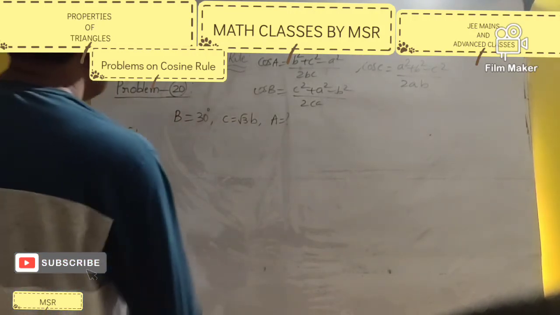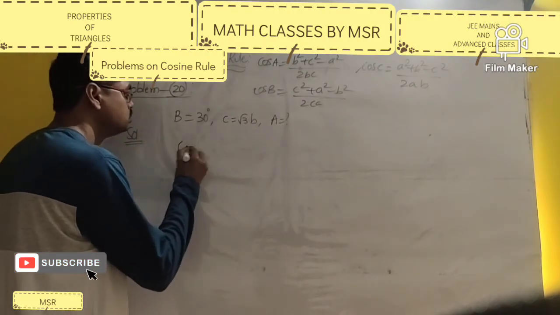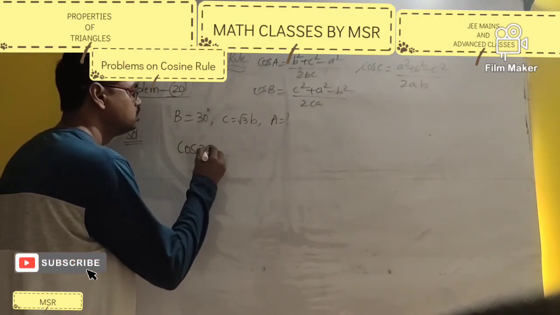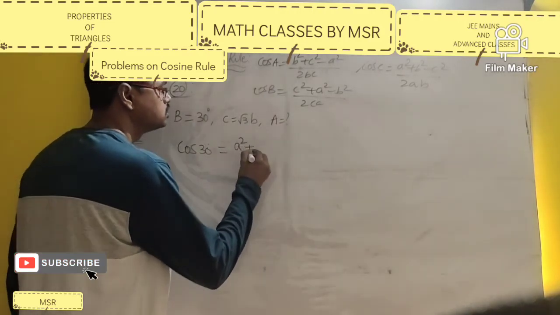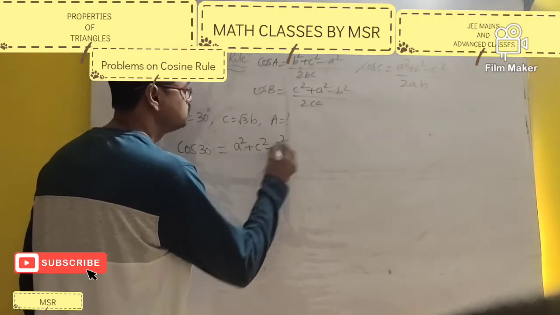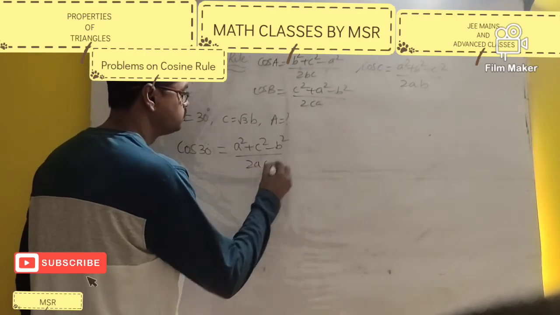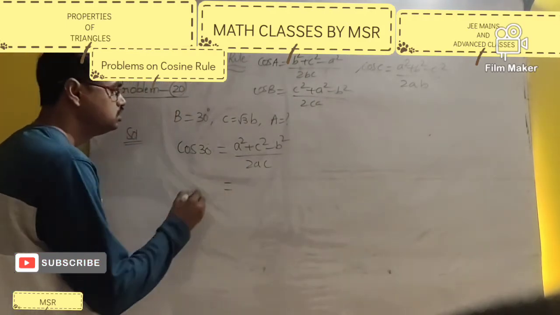So you simply take the cosine rule: cos 30, that is cos B, is equal to A square plus C square minus B square by 2AC. Cos 30 is root 3 by 2.